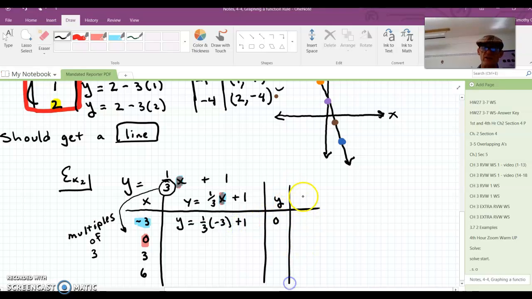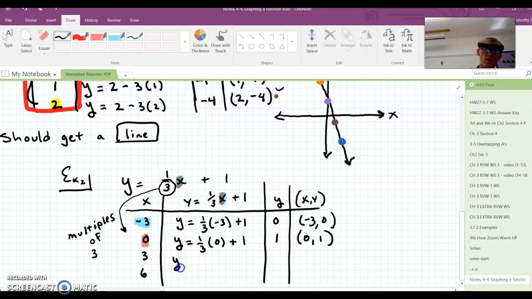I forgot to put my column in here, my x, y. So then I get an ordered pair of -3, 0. All right, let's put in 0. 0 times anything is 0, so that works out good. y equals 1/3 times 0 plus 1. 1/3 times 0 is 0, plus 1 is 1. So that ordered pair is 0, 1.